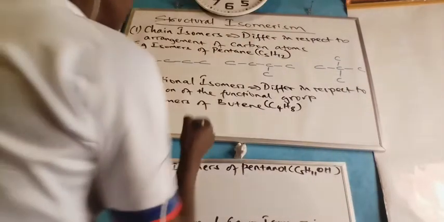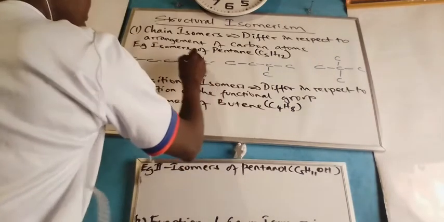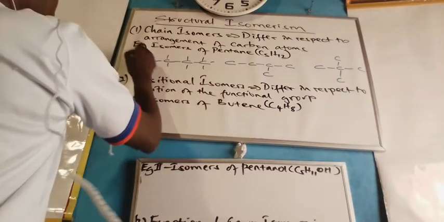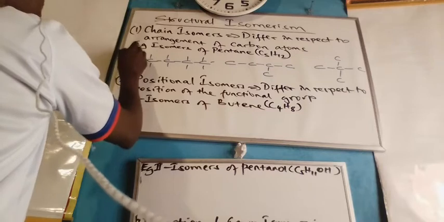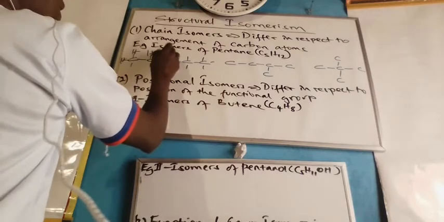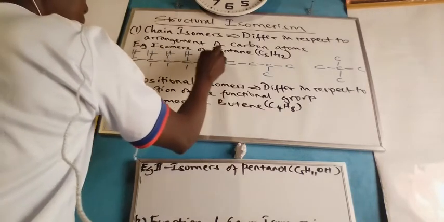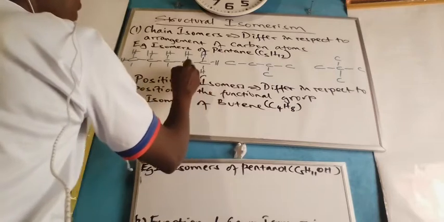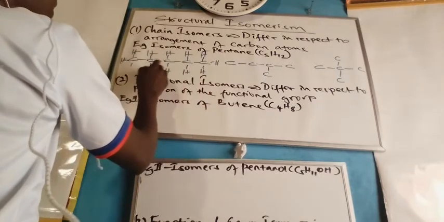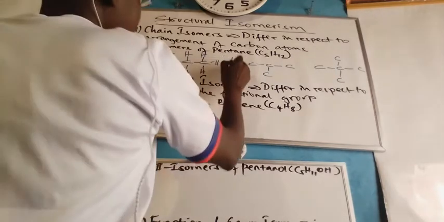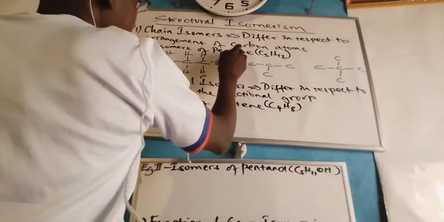In this respect, when the structure is completed, we find that we have 3 distinct structural forms of the same molecule, and this will represent structural isomers of pentane.